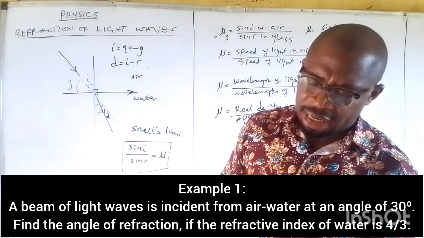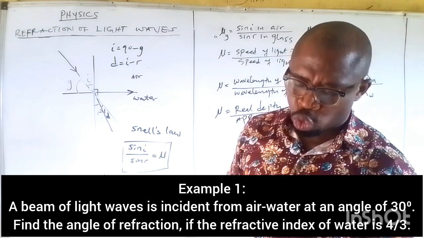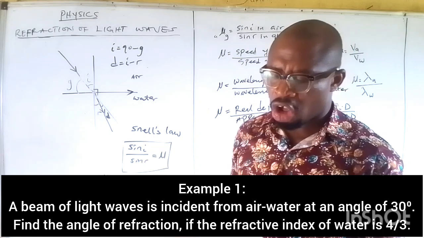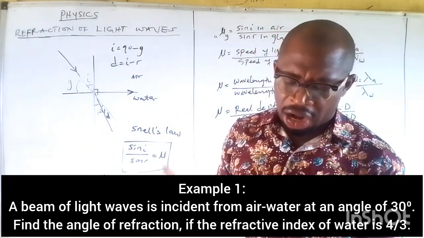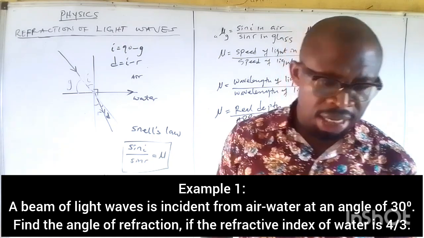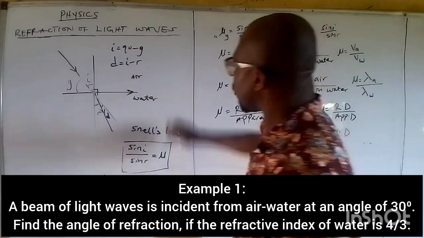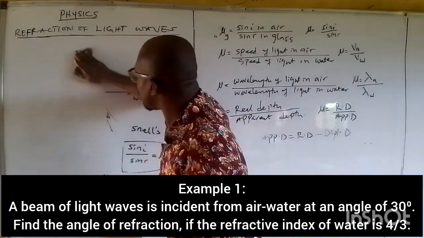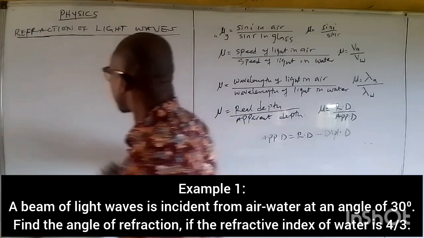A beam of light is incident from air to water at an angle of 30 degrees. Find the angle of refraction if the refractive index of water is 4/3.